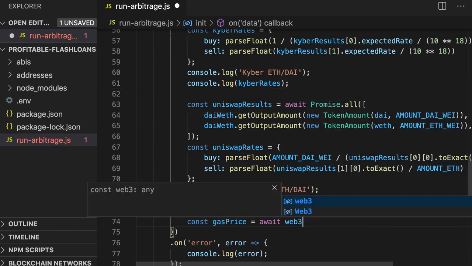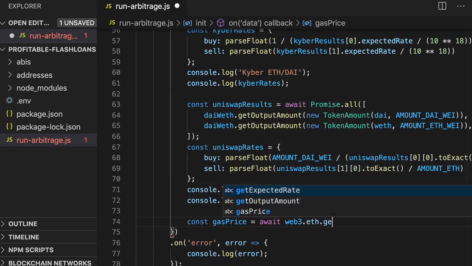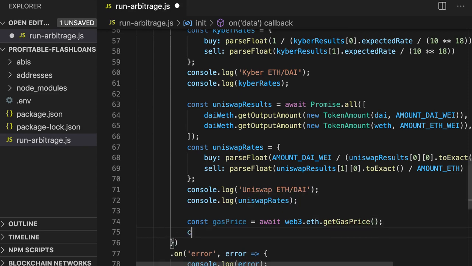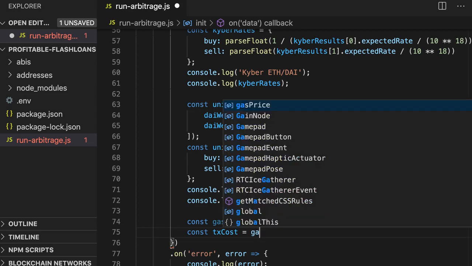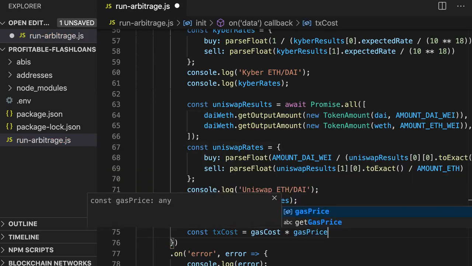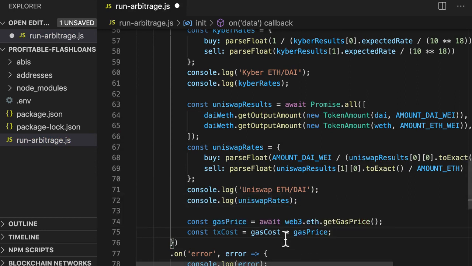So that's web3.eth.getGasPrice. And after, for the transaction cost, this is the gas cost times the gas price. So here for the gas cost, we can get it by using another method of Web3, which is called estimateGas.